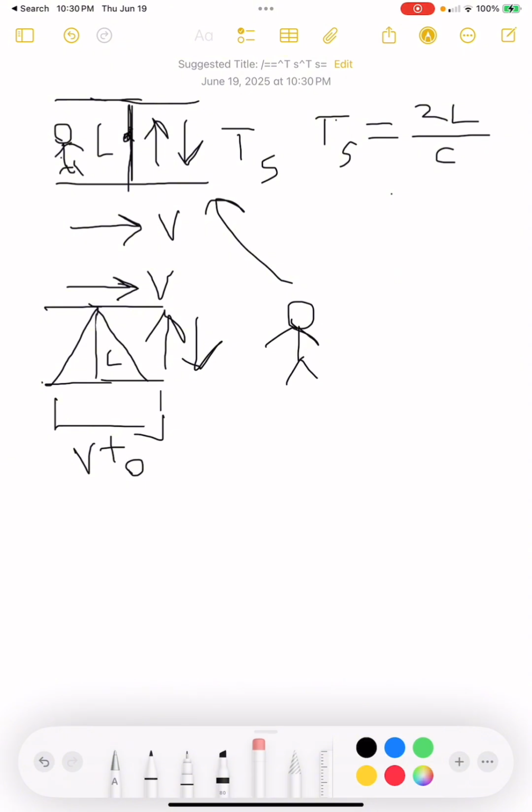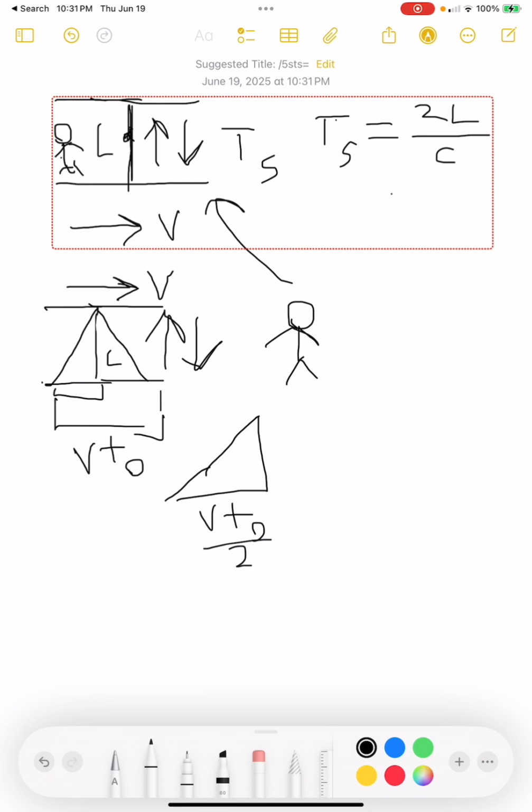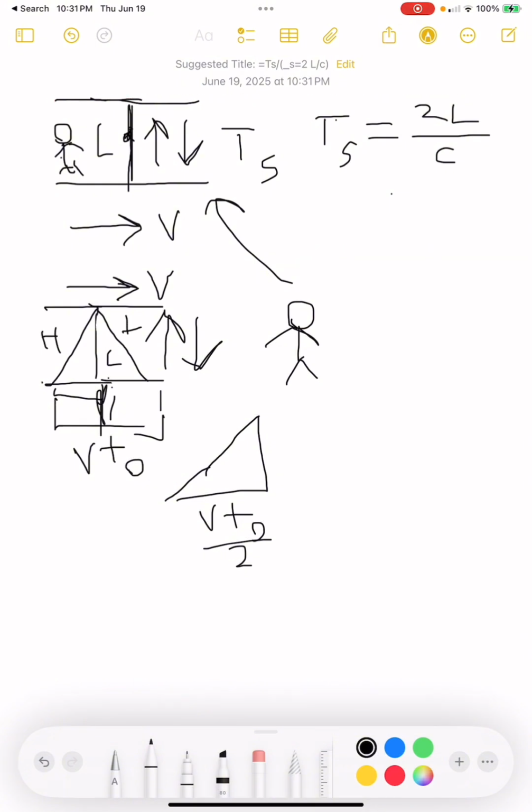So that means, alright, let's look at one of these. Now, we can say this is v t of 0 over 2, because we're looking at this portion right here. So this would be cut in half. Alright, and we can label this as h, so that means this must also be h.